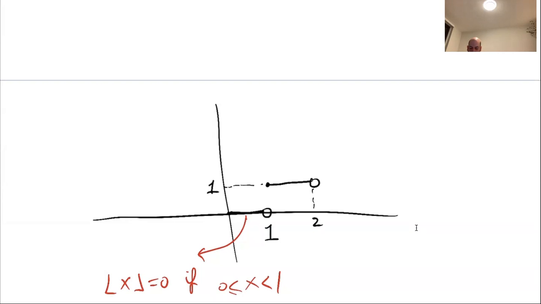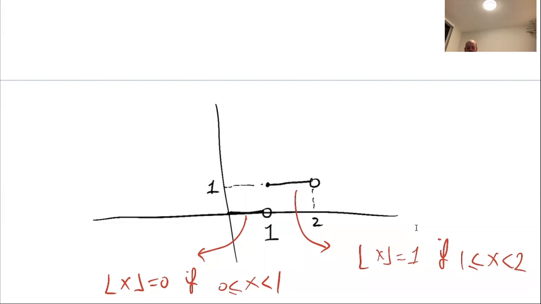The floor is 1. Okay, so I'm looking at inputs and outputs. If the input is between 0 and 1, the output is 0. So y equals 0, a horizontal segment.